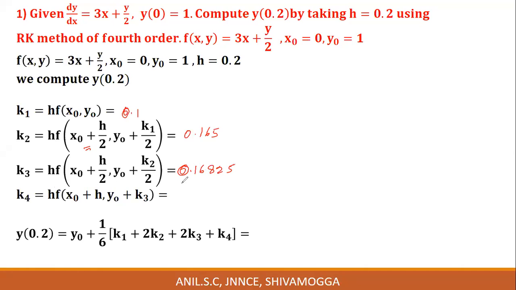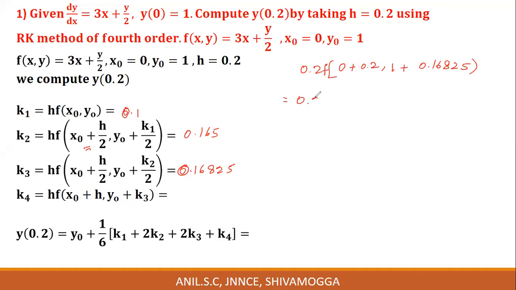Next K4. K4 is given by h into f of x naught plus h, comma, y naught plus k3. h is 0.2, x naught is 0 plus h is 0.2, y naught is 1 plus k3 is 0.16825.